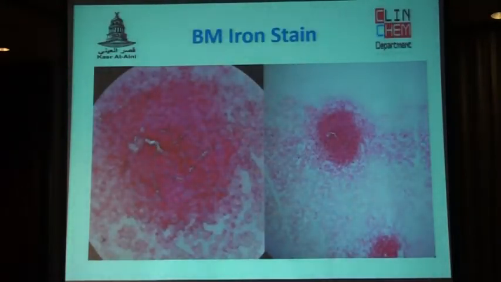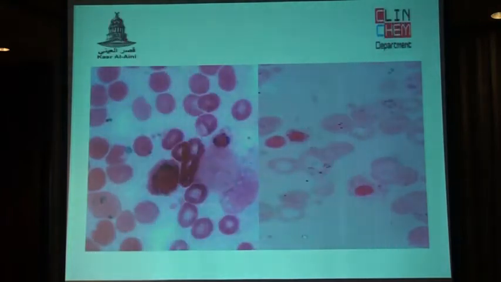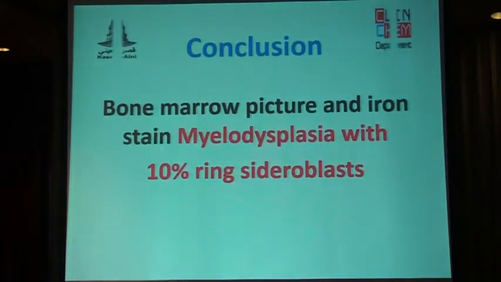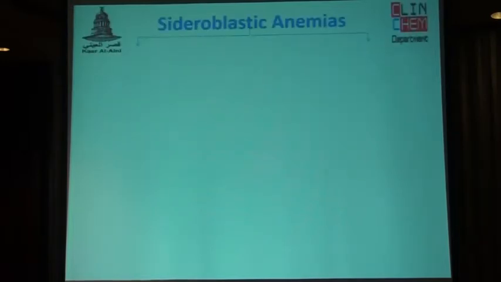Bone marrow iron stain was done and revealed low stores with occasional ring sideroblasts. A ring sideroblast is an erythroblast with more than 5 iron granules surrounding at least 1/3 of the nuclear circumference. The bone marrow picture and iron stain were suggestive of myelodysplasia with 10% ring sideroblasts.